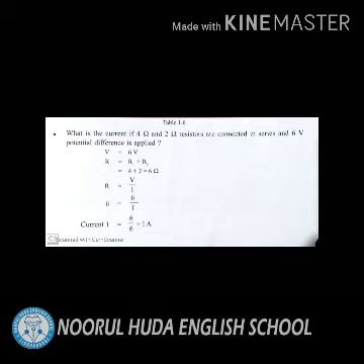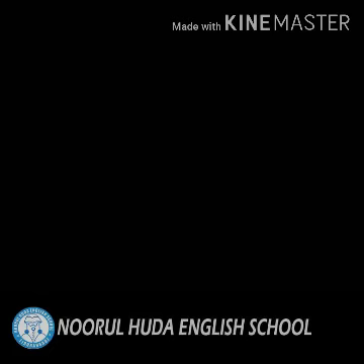Here the potential difference is 6 volt. So for the effective resistance, two resistors are connected in series, so we can calculate it by using the equation R is equal to R1 plus R2. R1 is 4 ohm and R2 is 2 ohm. 4 plus 2, 6 ohm. 6 ohm is the effective resistance.